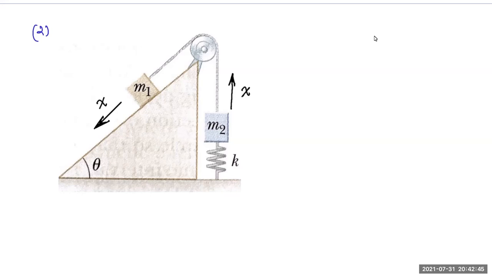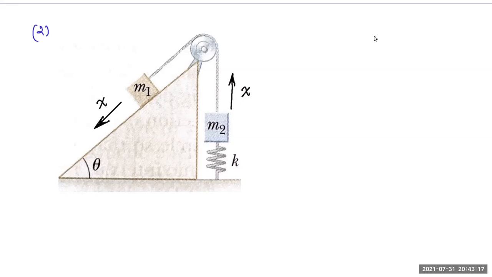Can you see that? Because M1 and M2 move together with the same speed, there's no net movement along the direction of the tension. So don't worry about the tension here. It doesn't do any net work. As a result, the only two forces doing work, gravity and the elastic force, are both conservative forces, so I can safely apply the conservation of mechanical energy. So let's do that.